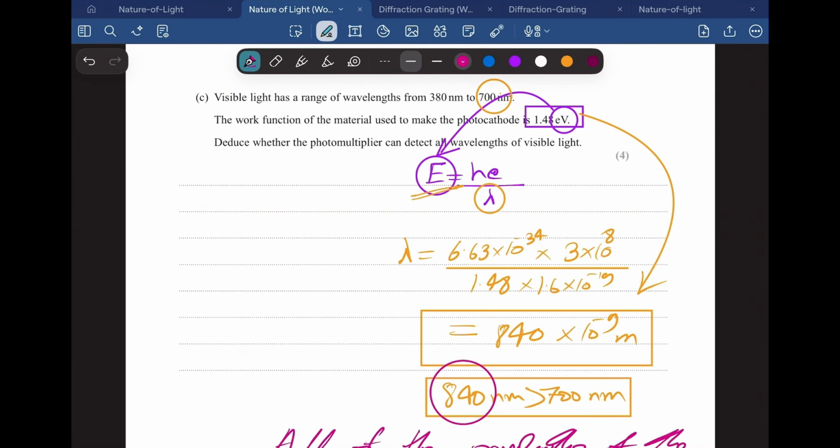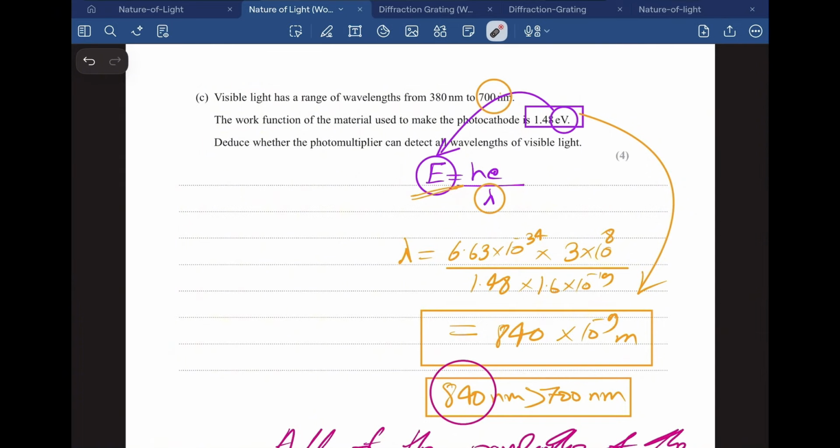The visible light has a range of wavelengths from this much. This is the range of the wavelengths of the visible light. Now it says the work function of the material used to make the photocathode is this. So we have to make sure that the energy is greater than this work function.